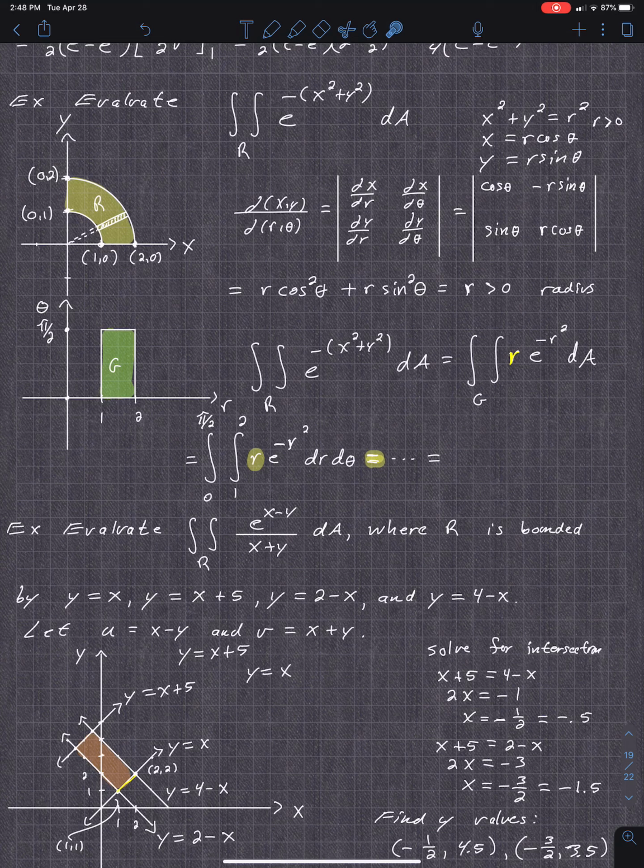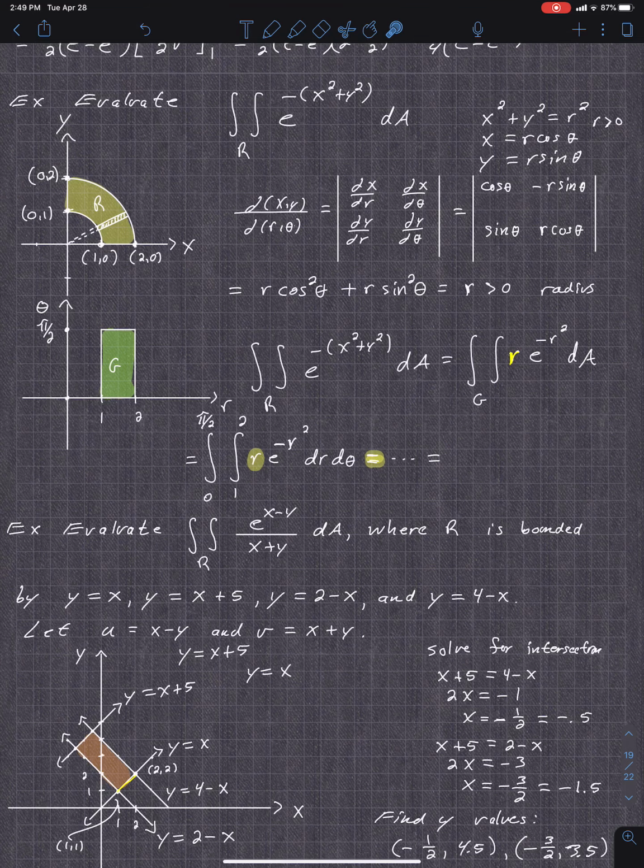It's not a sector like this. So finish that and see if this works. I don't have the solution handy here. Evaluate this with respect to r, and it's pretty straightforward from there.